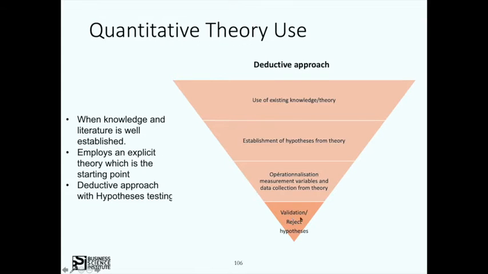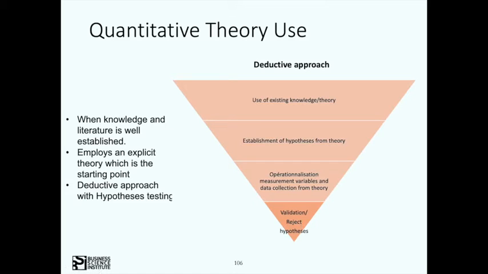The starting point is that you use theory, and you establish hypotheses from the theory in your literature review. You will operationalize your variables and measurement concepts through measurement scales. You collect data, and then validate or confirm, or reject, the hypotheses.